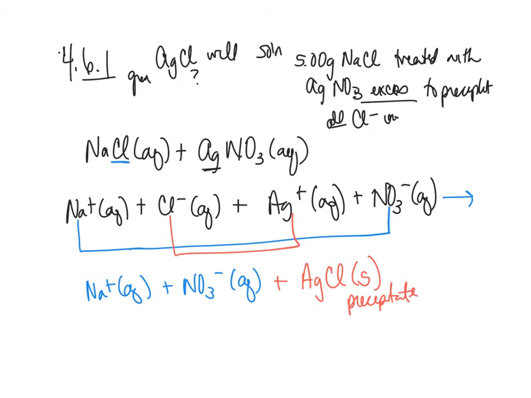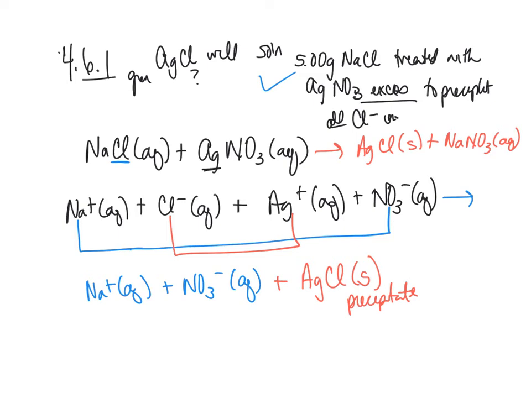So what you want to do is write this solution here and make sure that it's balanced, because whenever you're doing stoichiometry, you need a balanced equation, and it is balanced. So I always write the reaction.